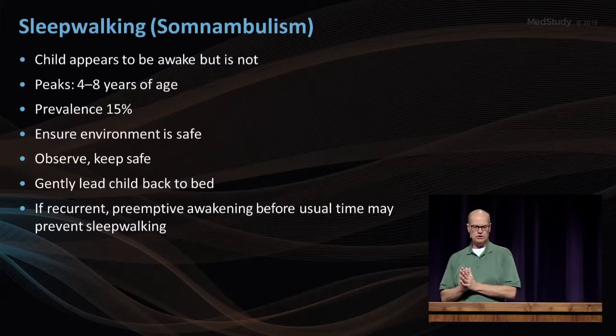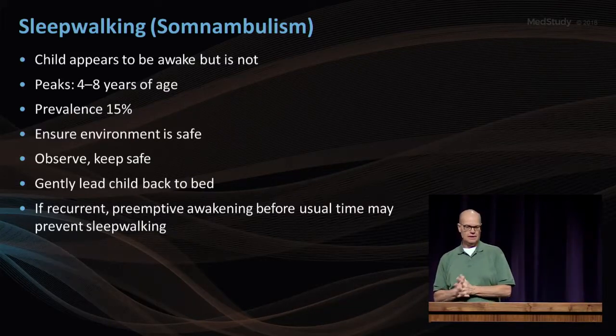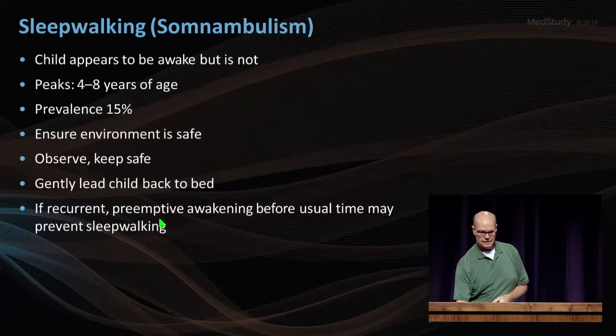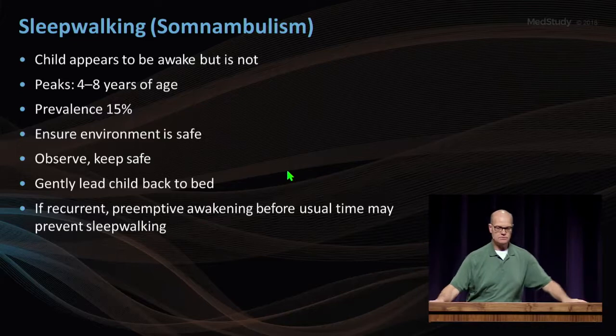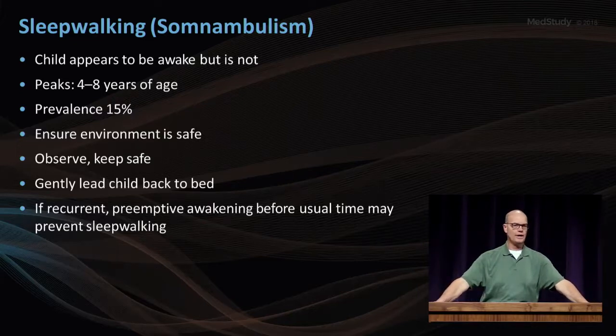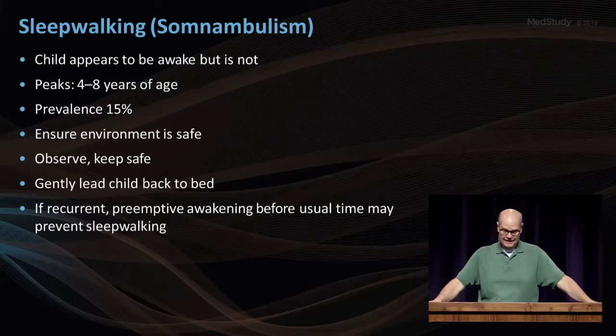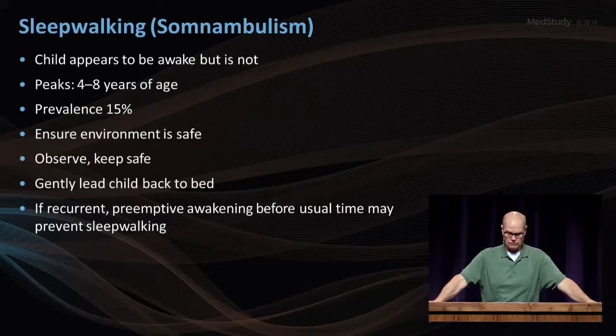Sleepwalking: the child appears to be awake but is not. And again, the treatment is keeping him or her safe and getting them back to bed. It peaks around this age group as well. And oftentimes, individuals with a history of sleepwalking, for some reason, also have a history of breath-holding spells.